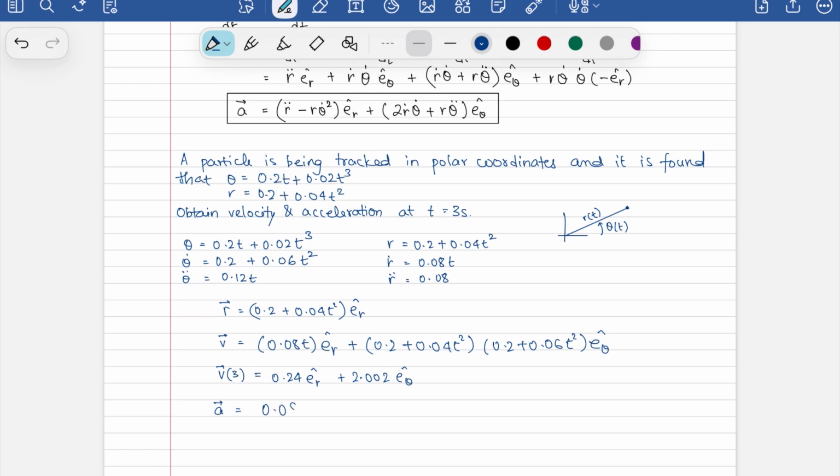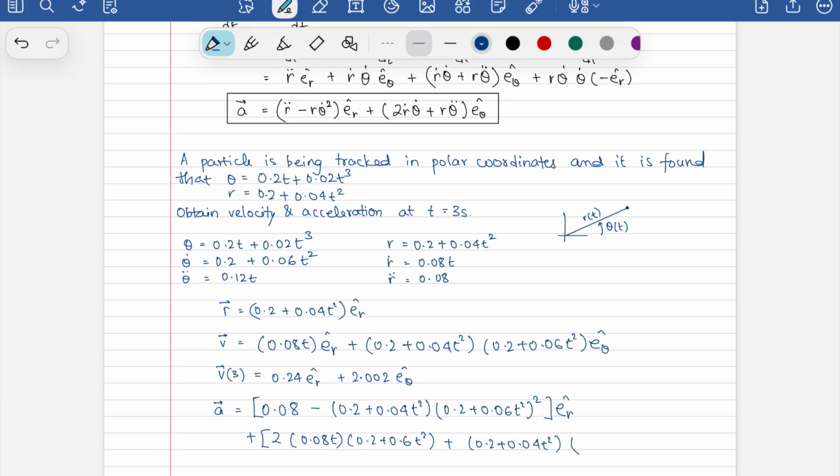So you have 0.08 minus r being 0.2 plus 0.04 t squared, times theta dot squared, which is 0.2 plus 0.06 t squared, whole squared, this much along e_r hat, and then you have along e theta hat 2 r dot theta dot plus r times theta double dot.